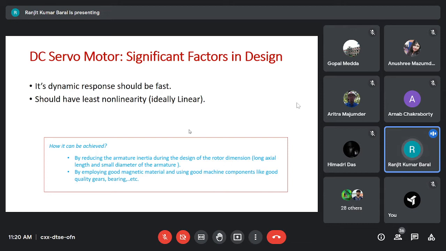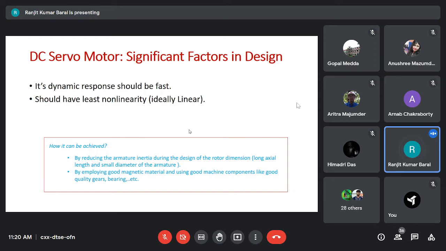There you found a DC servo motor has two time constants, one mechanical and another electrical. As it has two time constants, it is a second order system, with two poles.